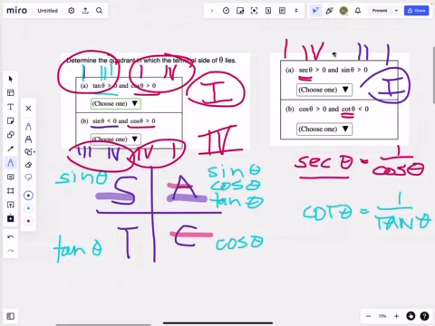And then in the example below that, we already know cosine is positive in 1 and 4. So let's think about where cotangent is negative. That's going to be where tangent is negative. So think about where tangent is positive.